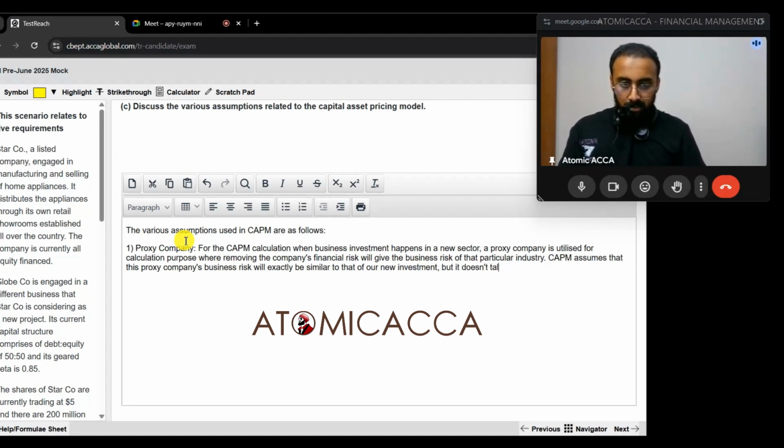but it doesn't take into consideration the size or activity of that proxy company. Why?